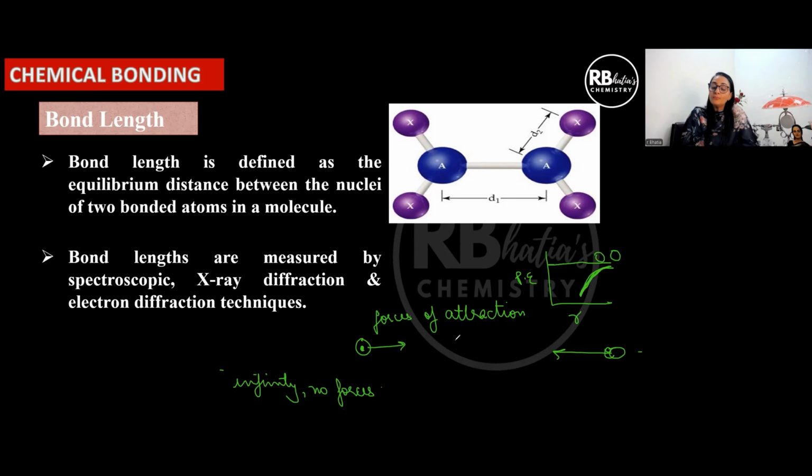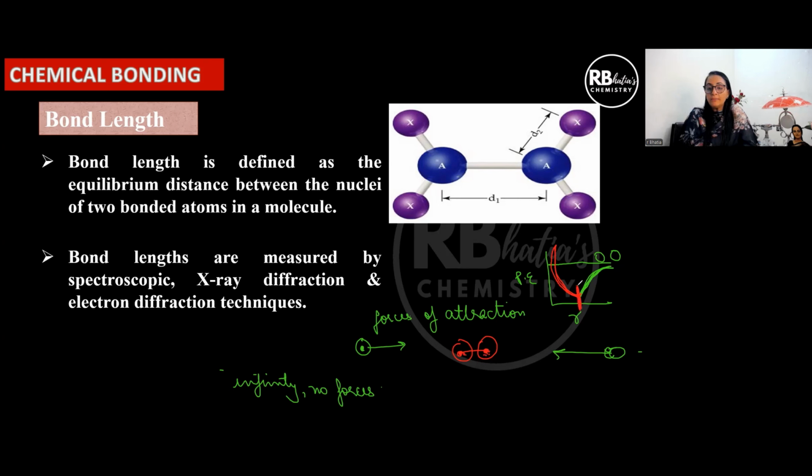But when they approach very close to each other, they might start experiencing repulsions between these two heavy positively charged nuclei. So if I bring them closer beyond a distance, their energy will start increasing, because the nuclei will start repelling each other.